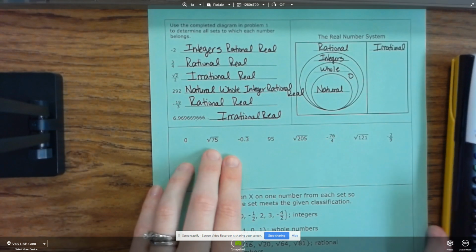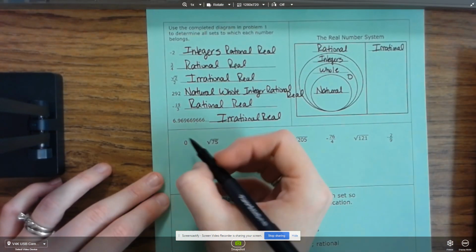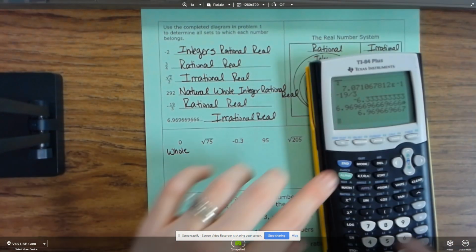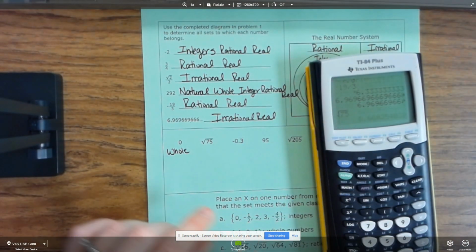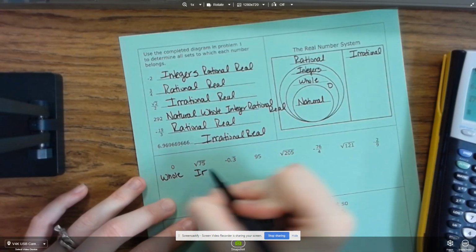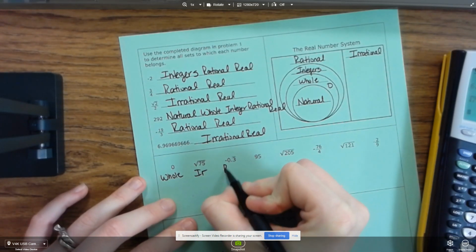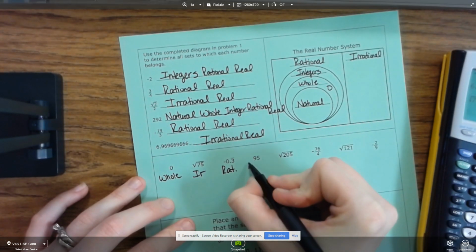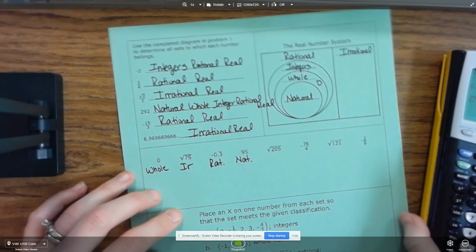And so the same thing down here, we can classify all these numbers. So 0 is a whole number. The square root of 75 is an irrational number. If it's a repeating decimal, it's a rational number. 95 is natural.